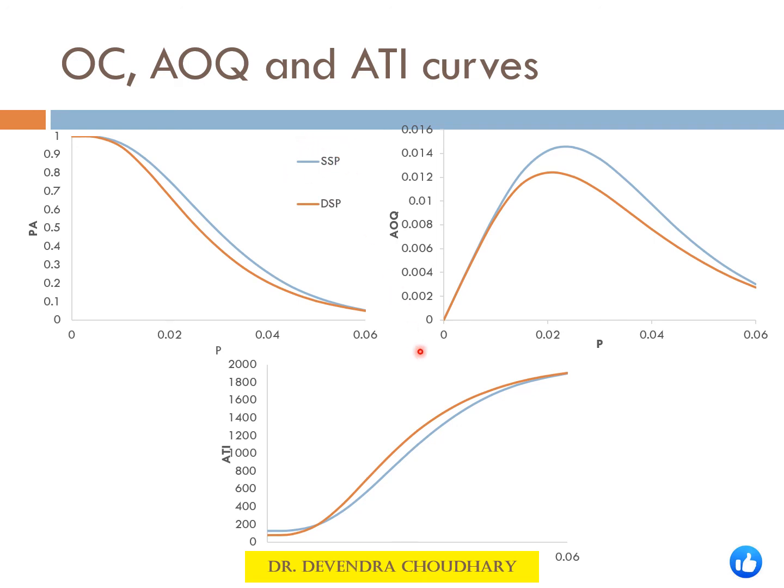On the other hand, the single sampling plan outperforms the double sampling plan on the basis of average total inspection per lot, particularly when fraction defective is more than 1%.